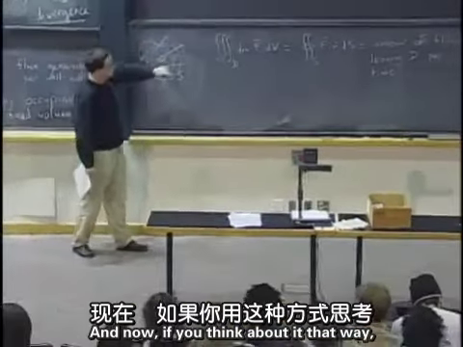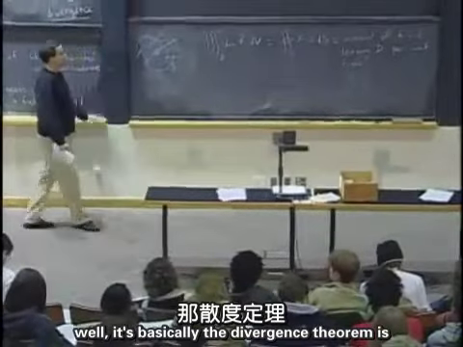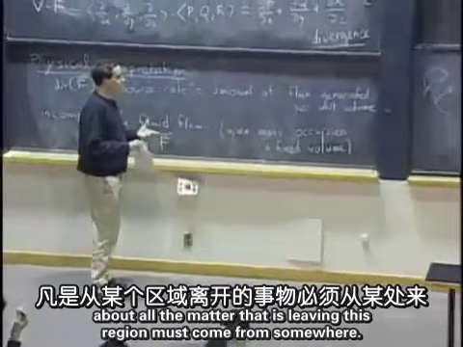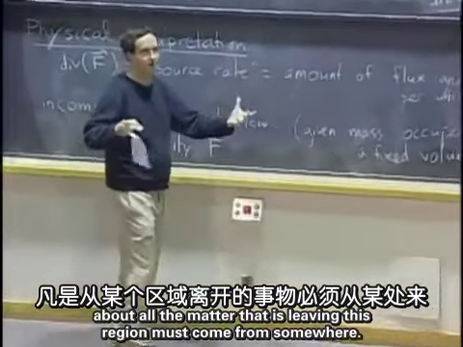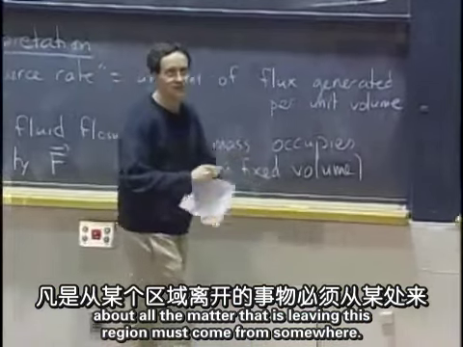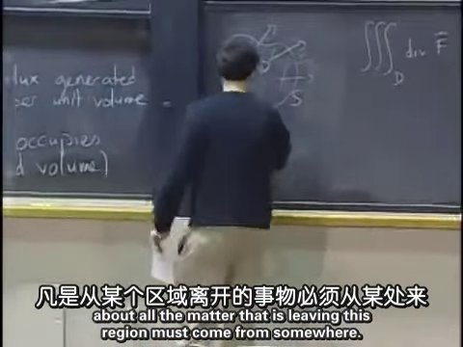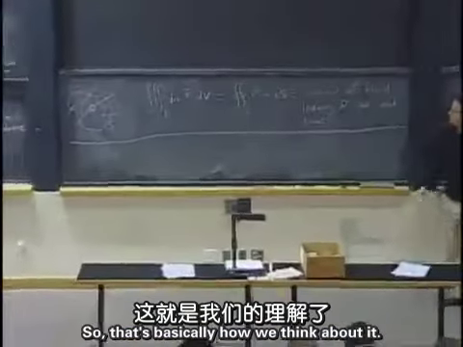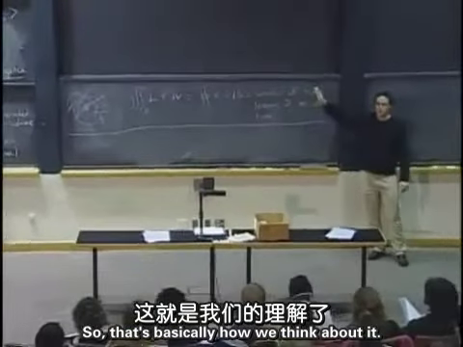And now if you think about it that way, the divergence theorem is just stating something completely obvious: all the matter that is leaving that region must come from somewhere. So that's basically how we think about it.